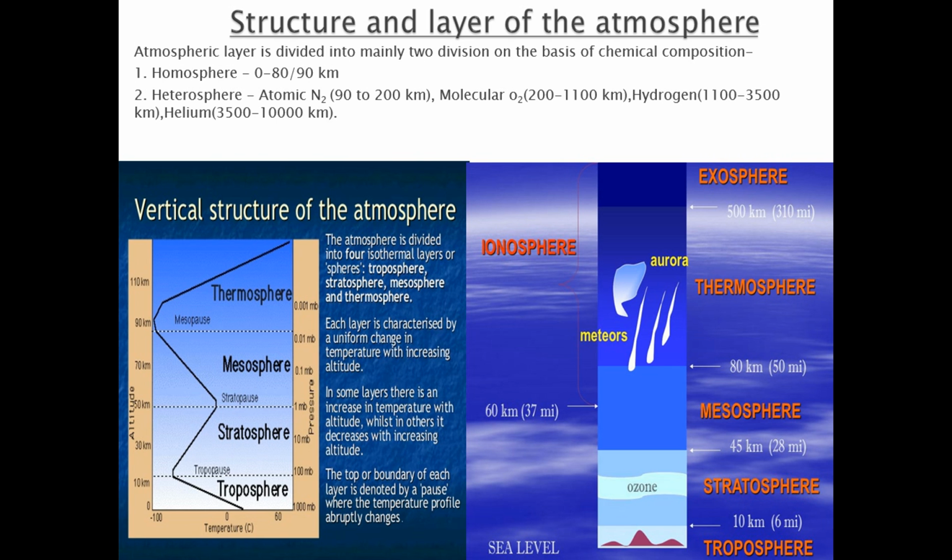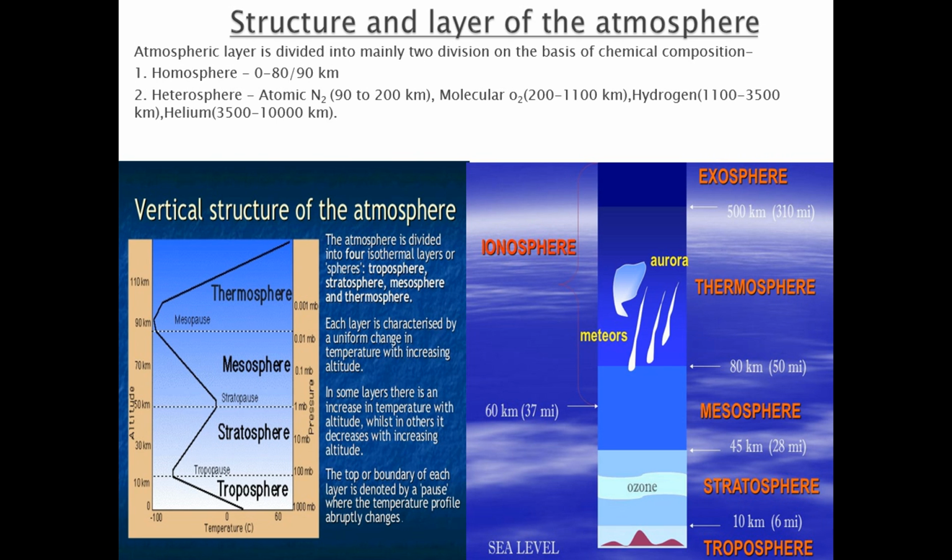Above the homosphere, from 92 to 100 kilometers, this layer is covered by atmospheric nitrogen. Then above, from 200 to 1100 kilometers, it is covered by molecular oxygen.